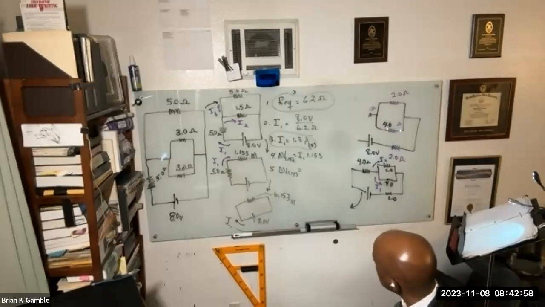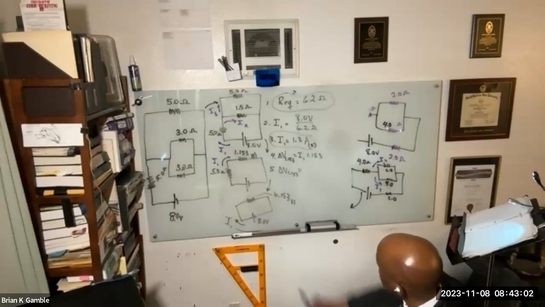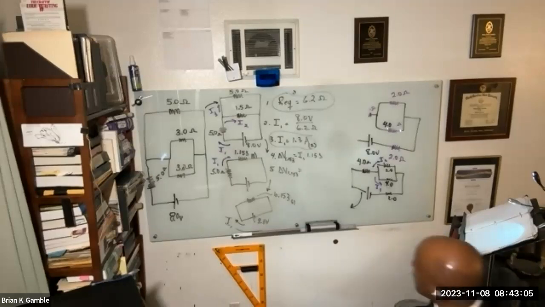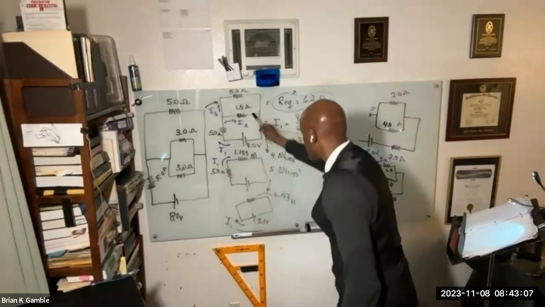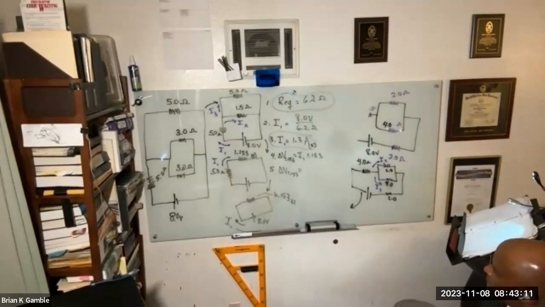Is that coincidental? Because I'm getting 1.5 volts, but it's also 1.5 ohms. That's what's throwing me off. I didn't write all these little details, I just put the answers. So it also has 1.5 volts across it, even though it's 1.5 ohms. That's very coincidental, but it could be.